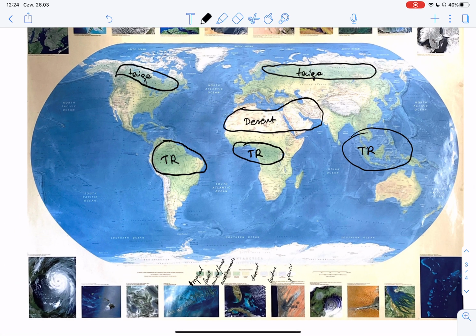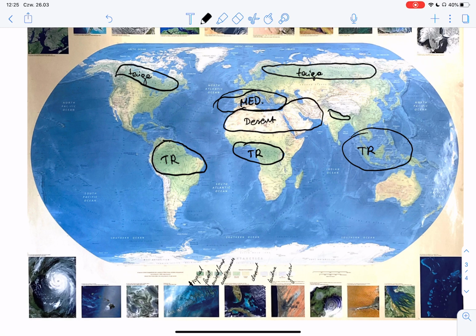What else? If it comes to Mediterranean climate, then we might expect it to happen somewhere around the Mediterranean Sea, maybe something like this, Mediterranean. But it will also show up in this area.